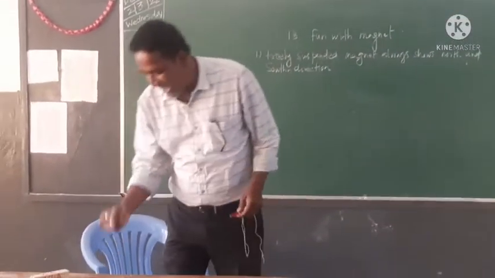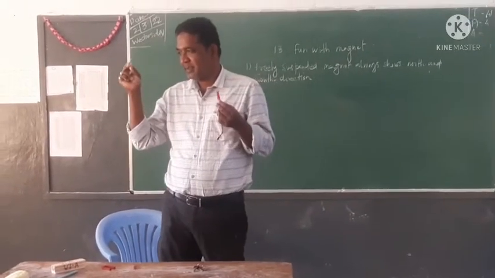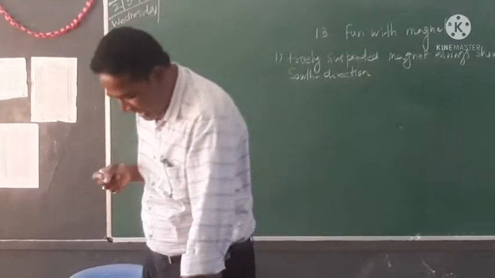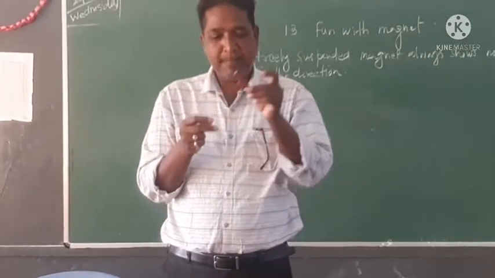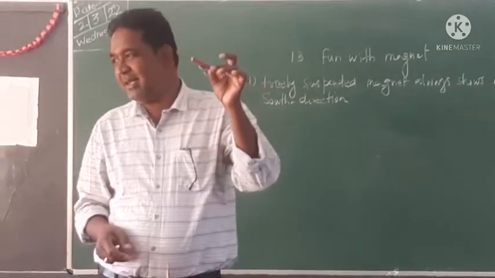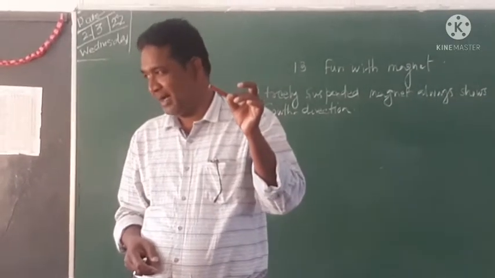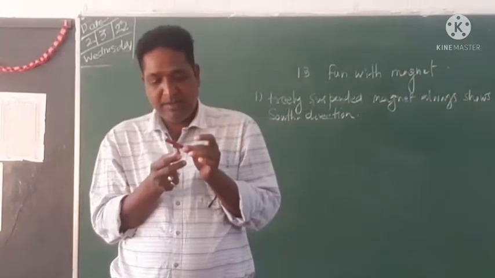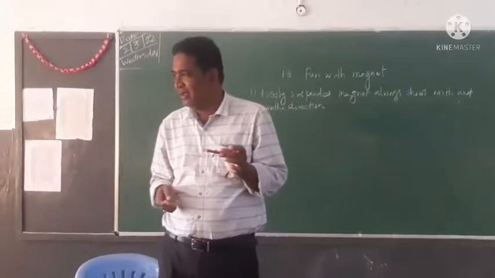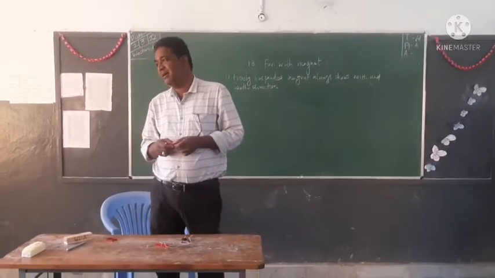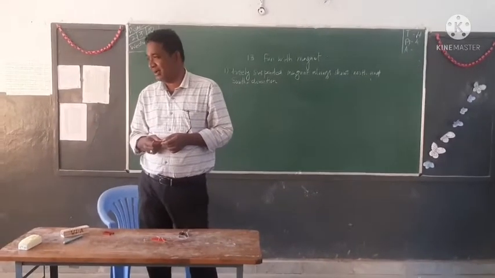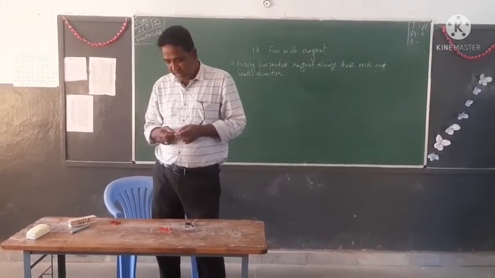So what is this in my hand? Key. I bring this key near the magnet. Look what happens. It attracts the metal. So generally the metals like iron, cobalt and nickel, they are magnetic material. है ना? So and look at this.